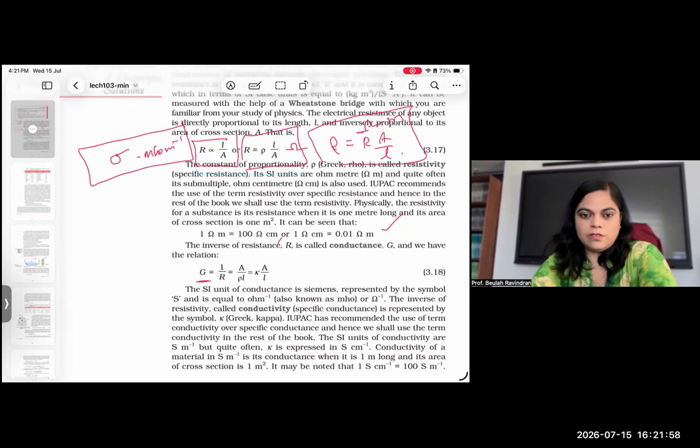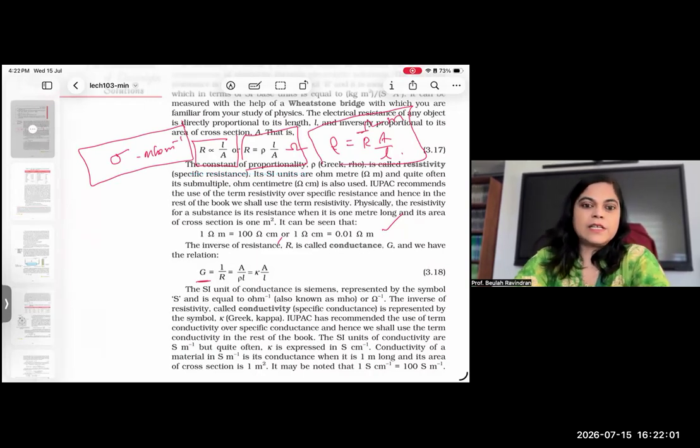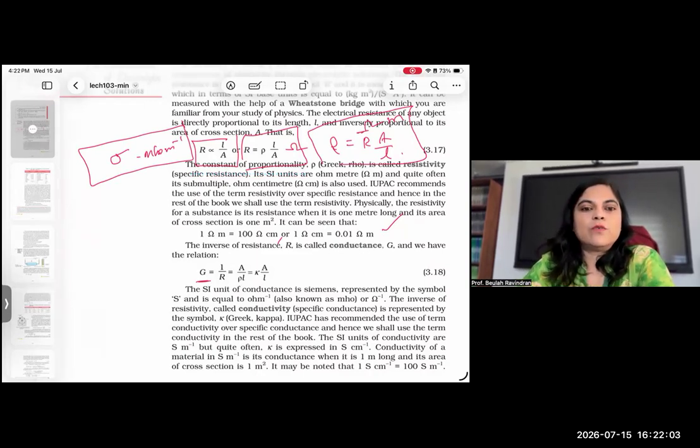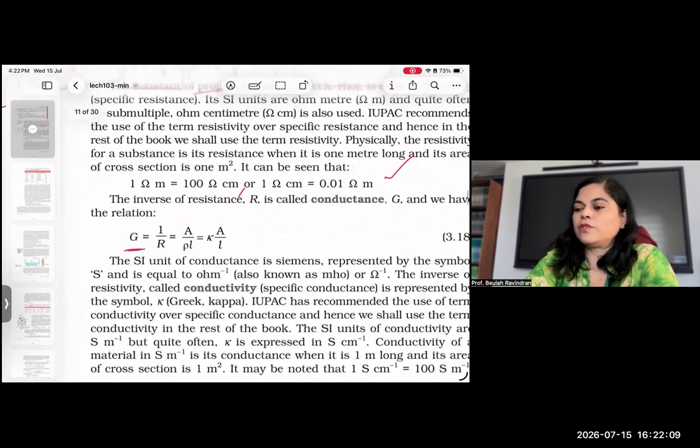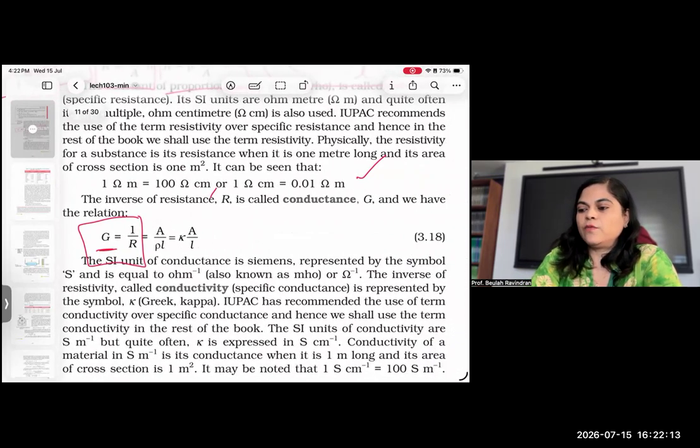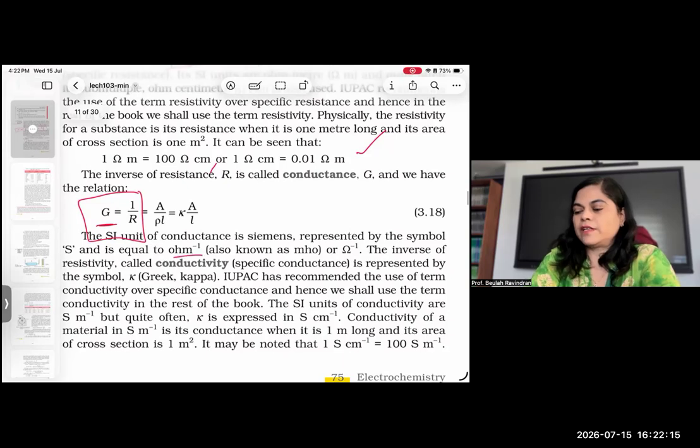That is the unit of conductivity. Here also we can say what the conductivity is. The conductance G is inversely proportional to the resistance. See, ohm inverse is the unit of conductance, or we can say mho. I told you, no. So ohm inverse or mho is the unit for conductance.